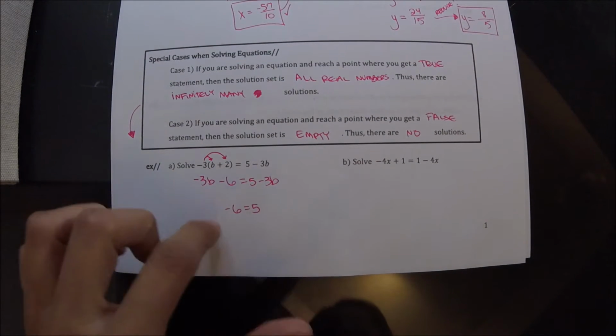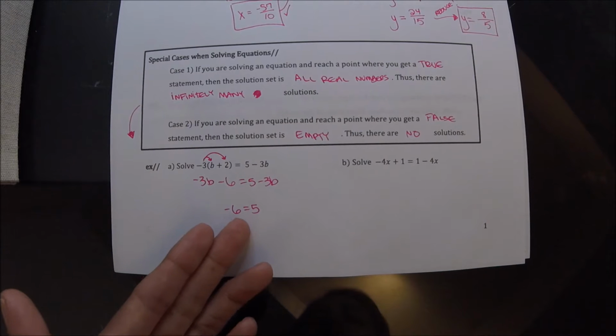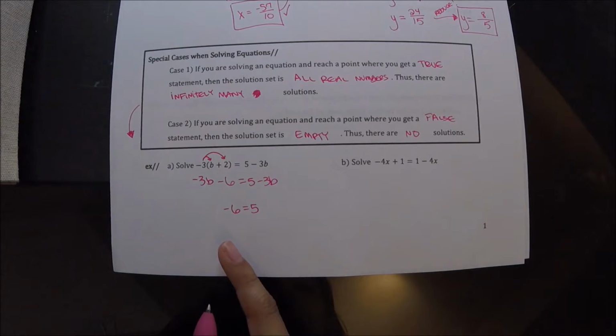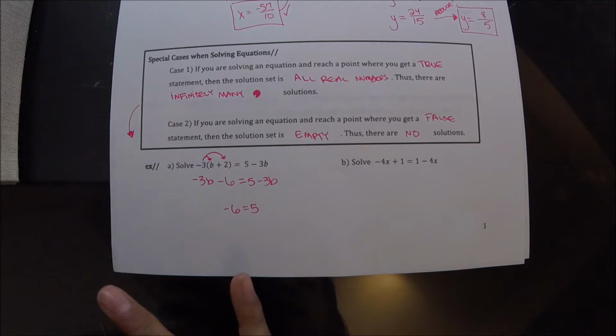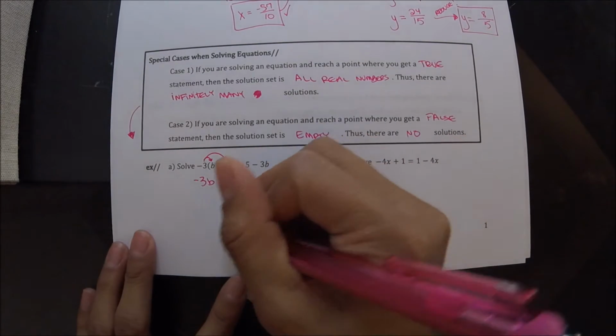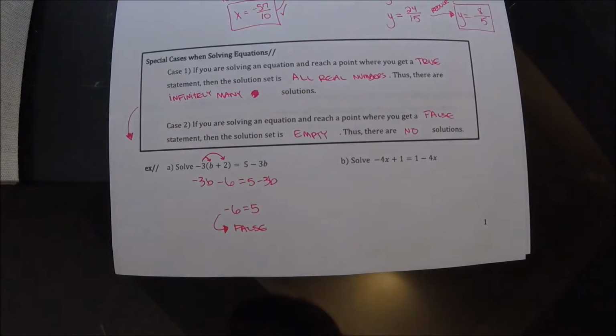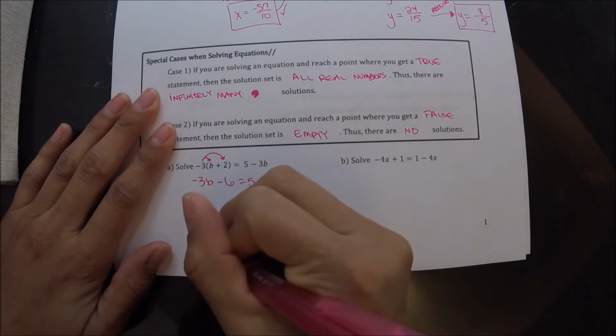Alright, and now we have this equation. It doesn't have variables anymore. So what is this equation saying? Negative 6 equals 5. Well, that's absolutely false. Negative 6 does not equal 5, so this is false. Therefore, we say no solution.